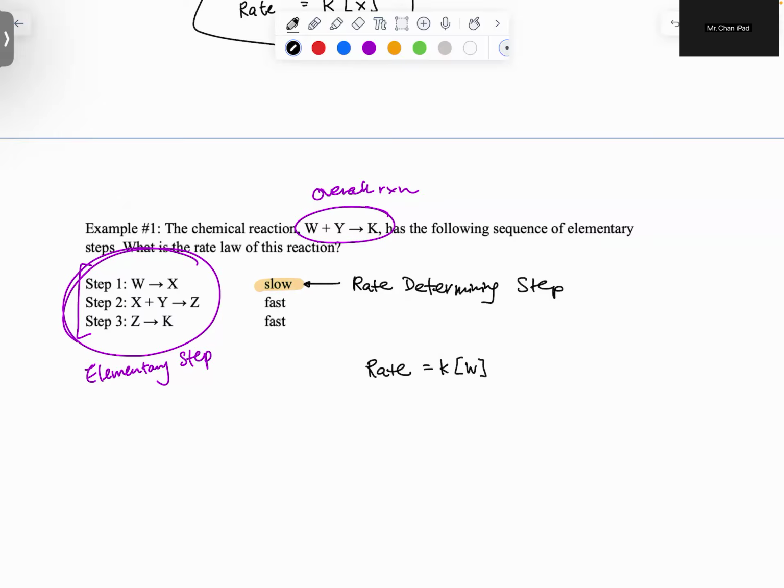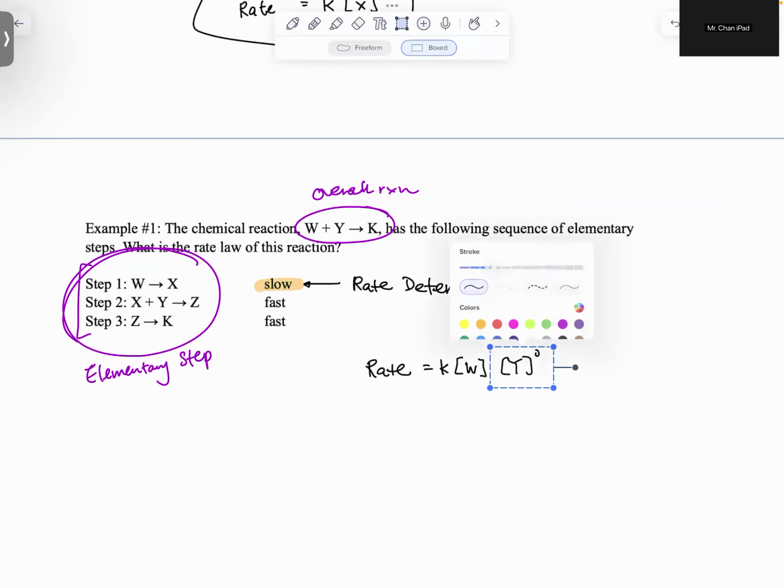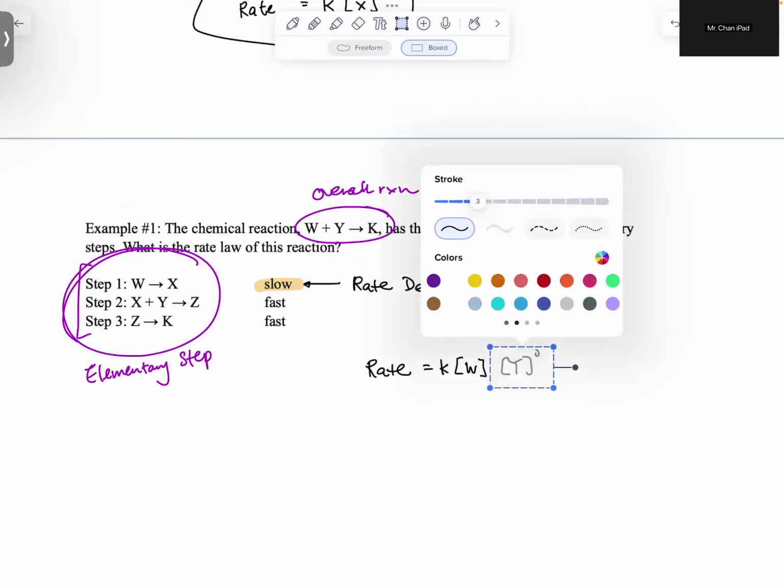For this example, this is it. You look at a slow step, there's only one reactant, so the rate equals k times W. Mr. Chan, you did not include the Y. I don't, because Y is not part of the slow step. Meaning that the order of Y in this reaction is 0, basically. Which we don't write, but if you want to write it, that would be it.